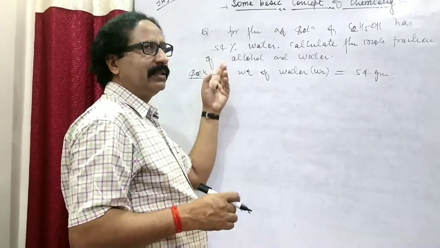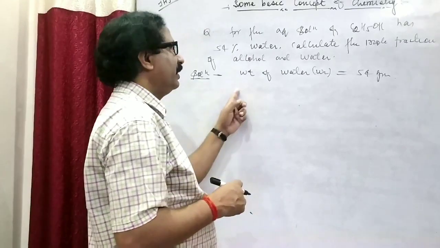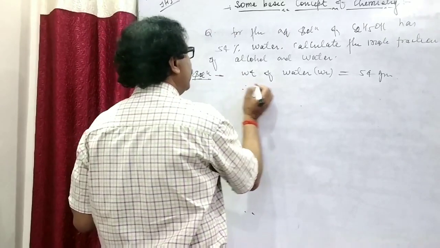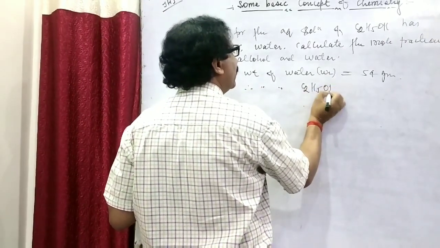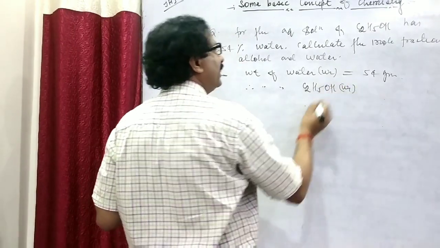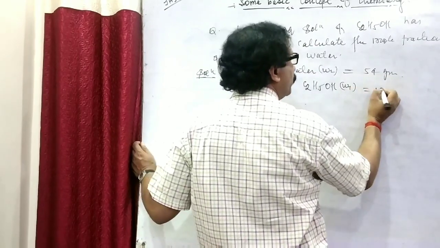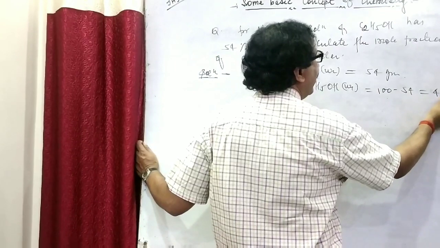When percentage is given, we consider the total weight of solution as 100 gram. So the weight of water, W2, is 54 gram. Therefore, weight of C2H5OH, the solute, let us consider as W1, is 100 minus 54, which is equal to 46.